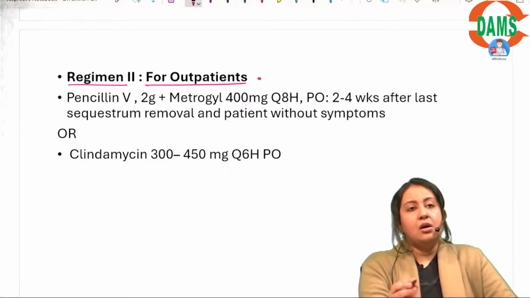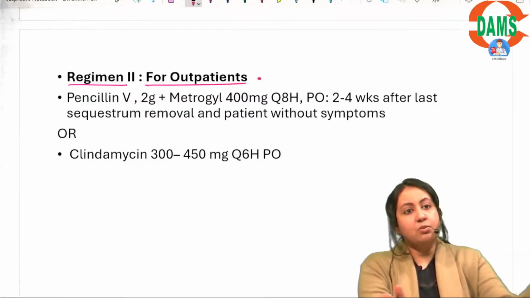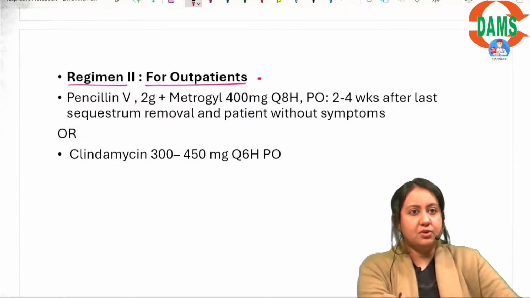So you have to give this regimen for at least 2 to 4 weeks after you have removed the sequestrum, and the patient is without any active symptoms of osteomyelitis, to keep the disease under control.